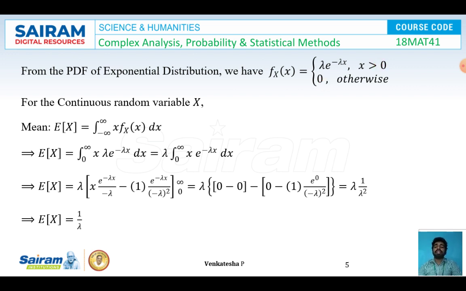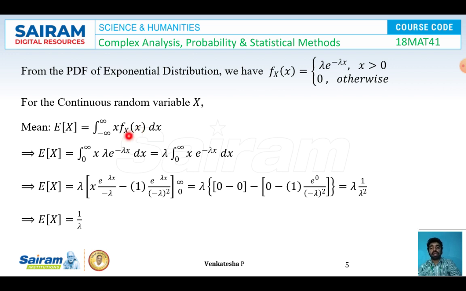And we know that in this exponential distribution, the random variable X is a continuous random variable. So now the mean formula will be of the form expectation of X is equal to the integral from minus infinity to plus infinity of x times f_X(x) dx.